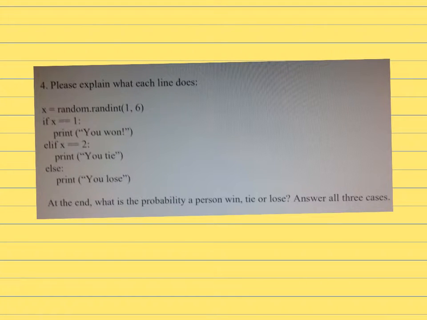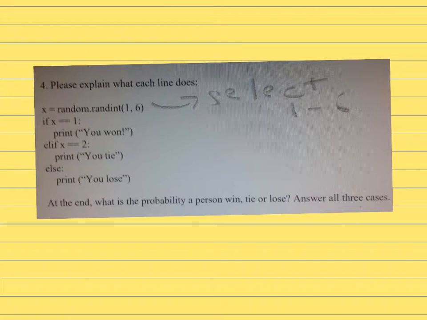In this problem, we're going to evaluate what each of the lines means. The first line, x equals random integer 1 through 6. The program is going to select any number between 1 and 6, and it's going to assign that number to the variable x.